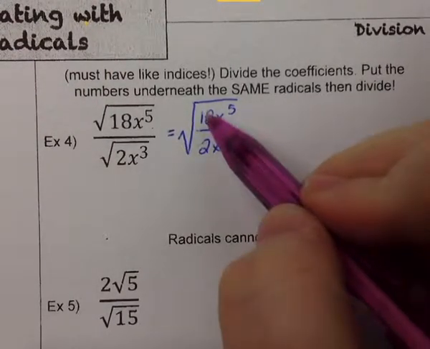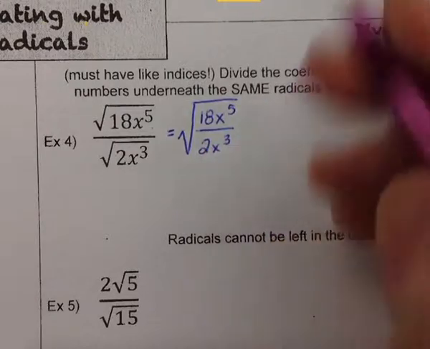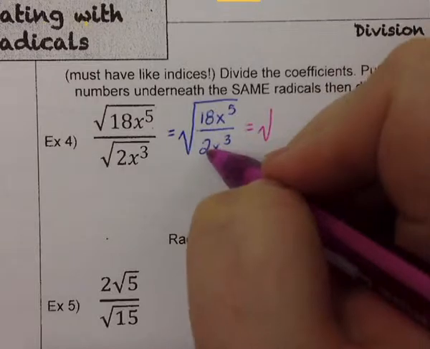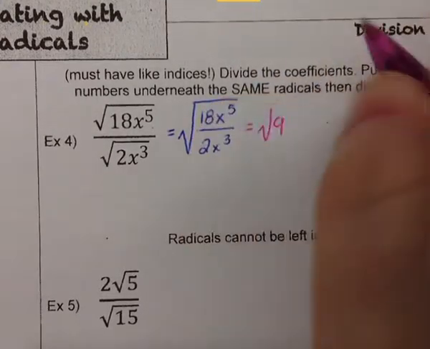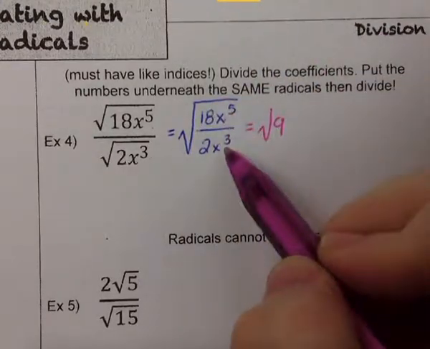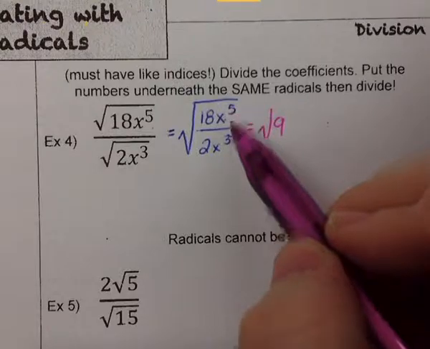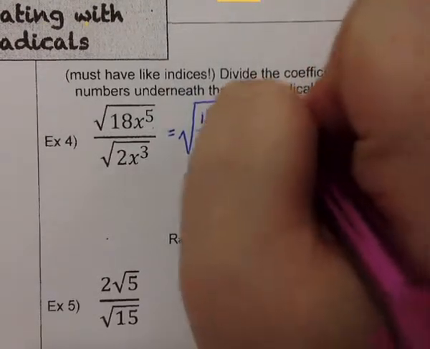So we look to see 18 divided by 2 is simplifiable. So I have the square root of, I know 18 divided by 2 is just 9. And then x to the 5th divided by x cubed is also able to be simplified. That becomes x to the 2nd power, because 5 minus 3 is 2, so x to the 2nd power.